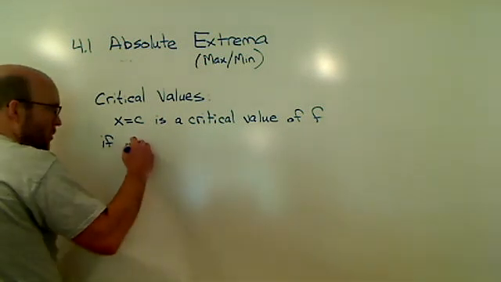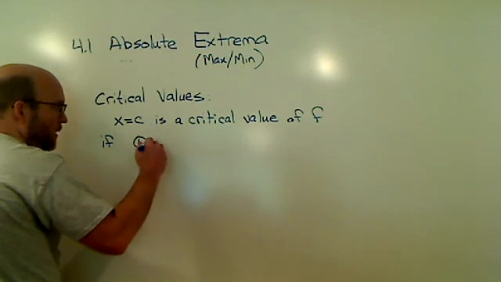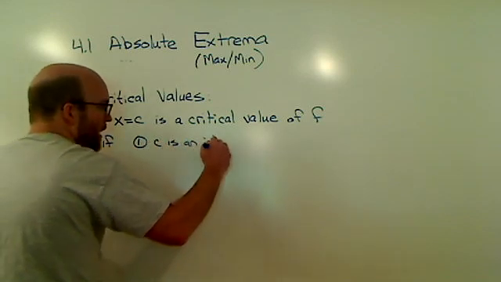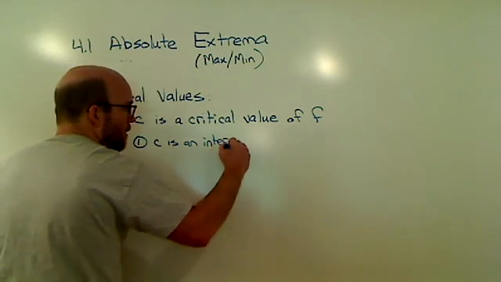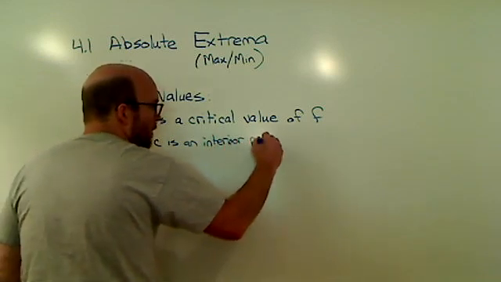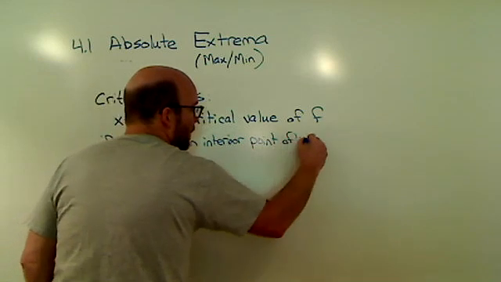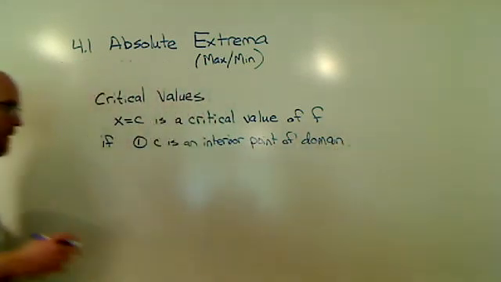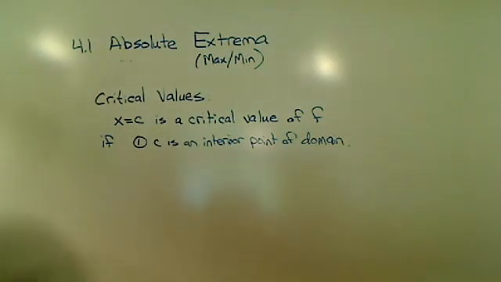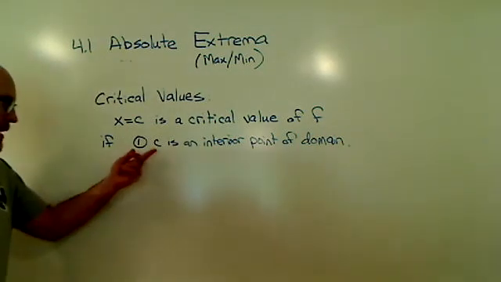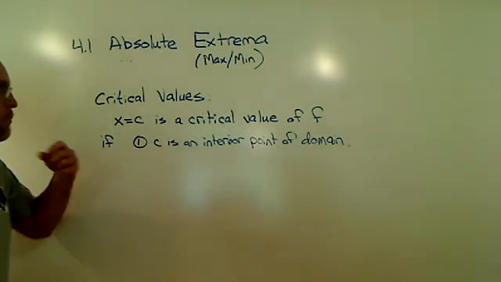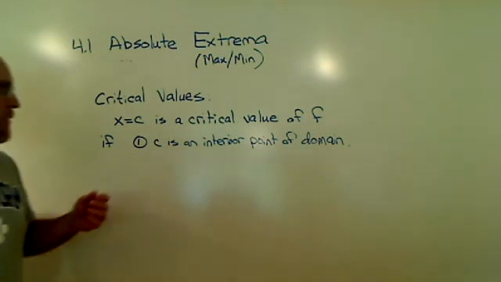We do want to make sure that c is an interior point of the domain, or for that matter, if you're working within a given interval, an interior point of the interval. Okay, so we stipulate this because from time to time you will get endpoints that have a derivative of 0.